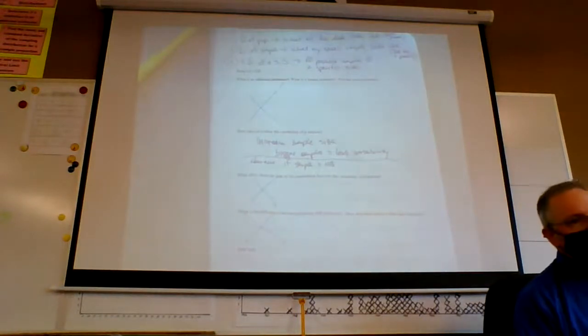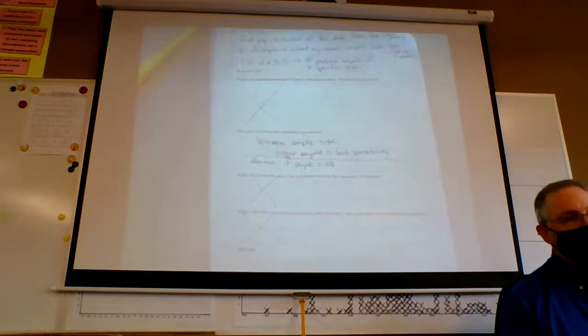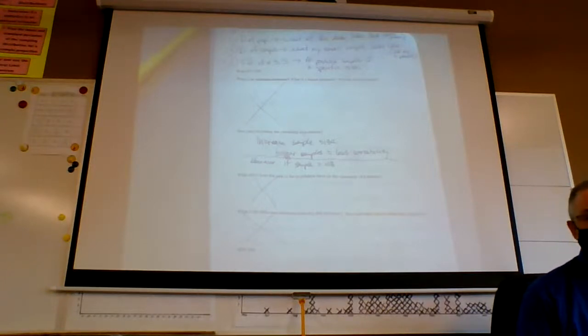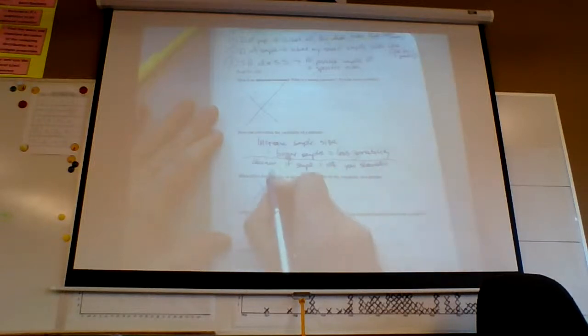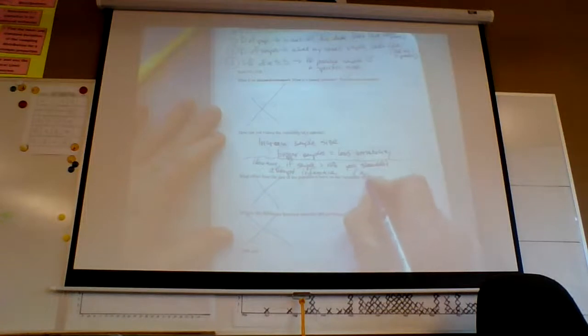If I went out and I sampled 100 Meridian students out of the 450 or 500, that's more than 10%. Okay. If your sample is greater than 10%, you shouldn't attempt inference. This is breaking what we call the independent clause.